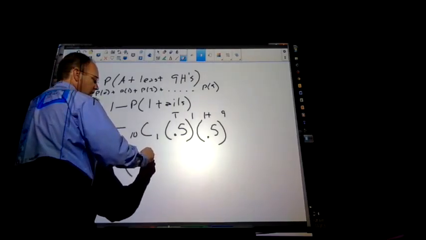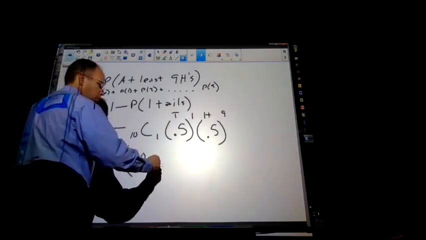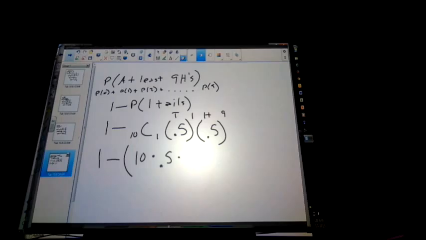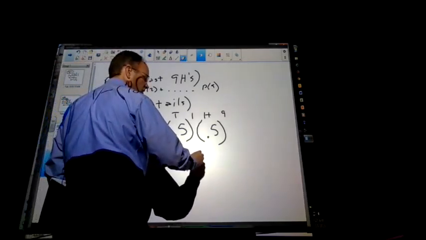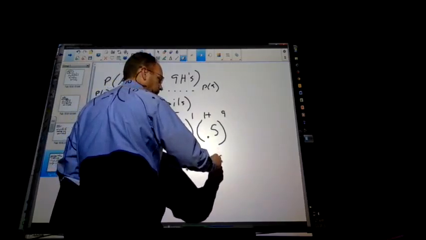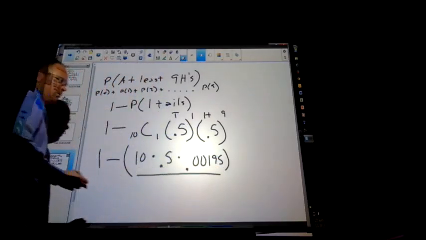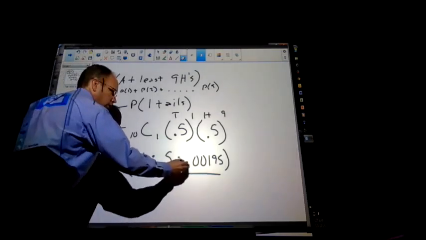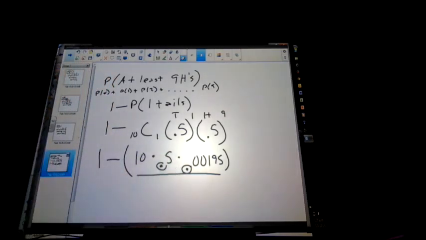And 0.5 to the first is 0.5. And 0.5 to the 9 is what? 0.00195. Multiply that together, please. This is a decimal as well as this. 0.00976. Go 1 minus that.